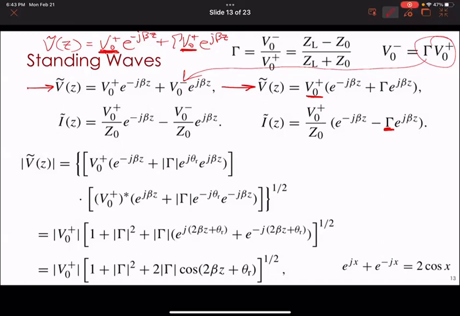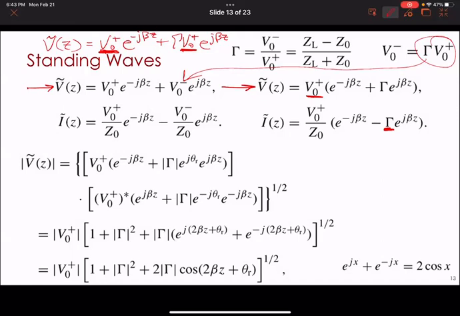We want to look at the magnitude to determine the standing wave pattern. So next time when I get the video working, we're going to see examples of standing waves. A standing wave is just a fancy way of saying you've got two waves traveling in the same medium, interfering with each other. They're going to create these patterns.